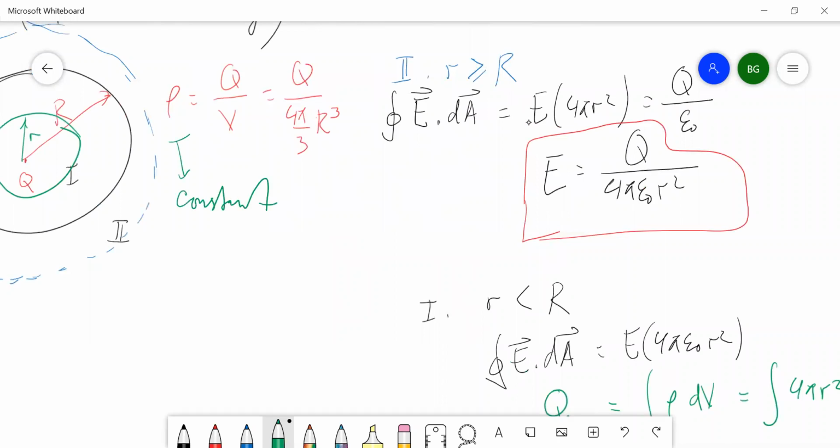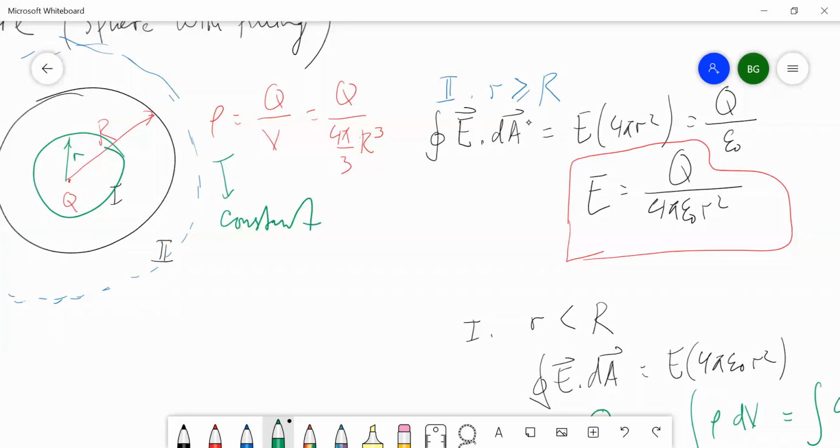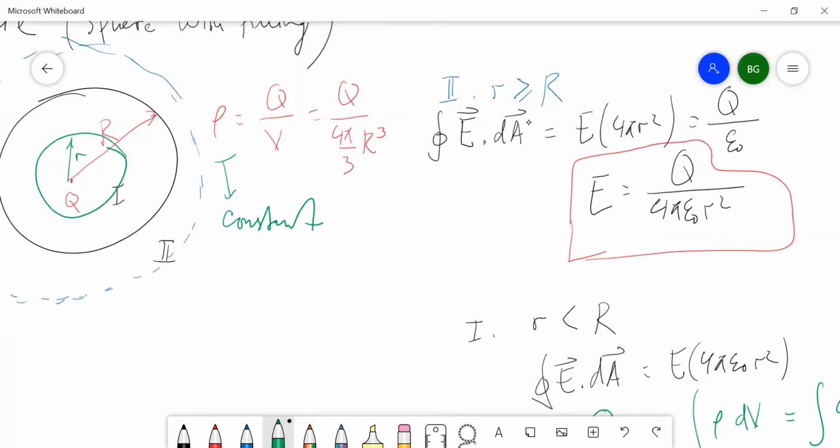It means that the charge is distributed uniformly in the sphere.